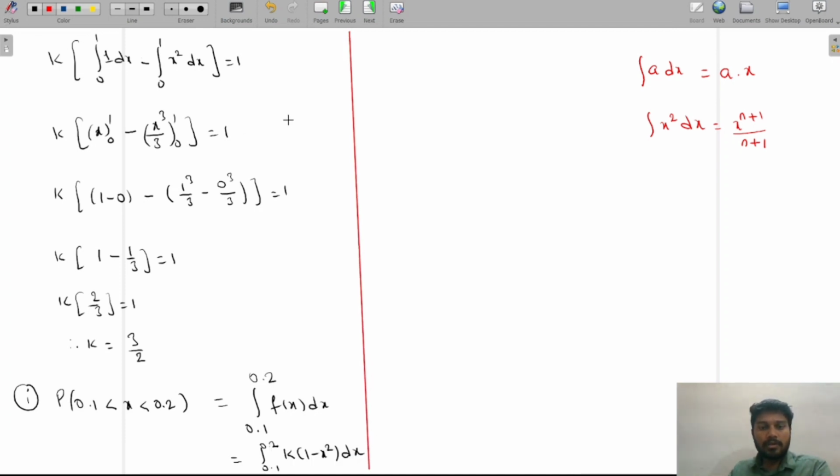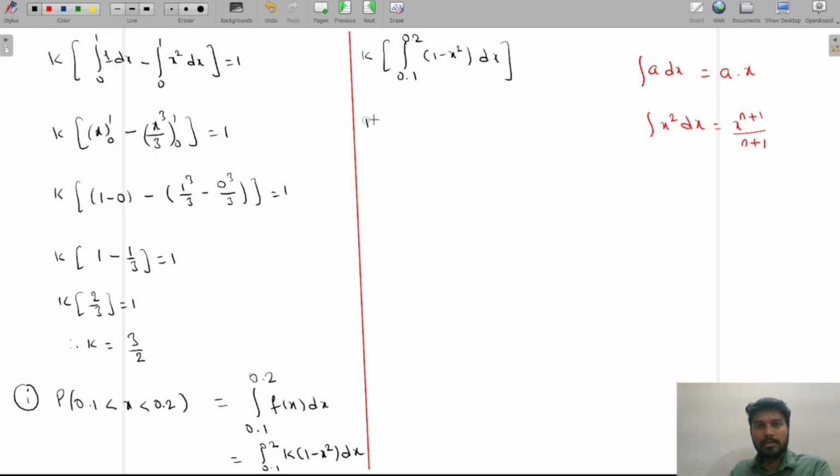Now, doing the integration, first of all, taking k as a constant outside, k times the integration from 0.1 to 0.2 of (1 minus x squared) dx.